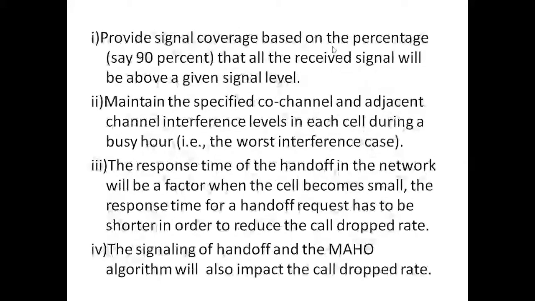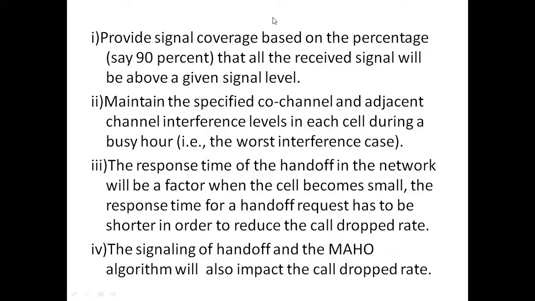Next. So here, in order to calculate the dropped call rate, we have to consider these parameters. First one, provide signal coverage based on the percentage that all the received signal will be above a given signal level. So we know we cannot provide 100% coverage for any area. We cannot provide the communication to 100% of the area. Okay.